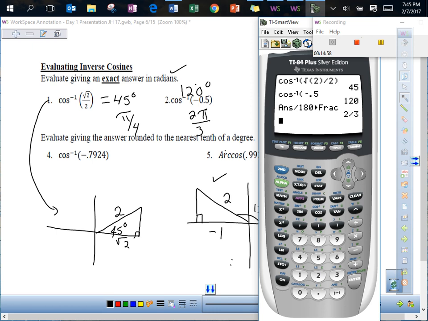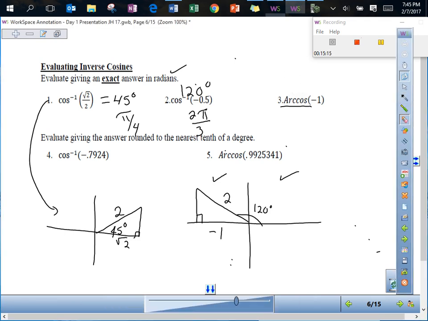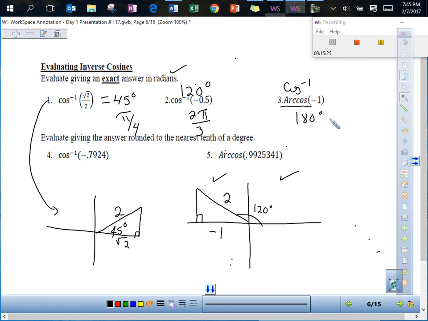You can pause the video if you'd like, but then the other couple here, arc cosine is another name for inverse cosine. Kind of in calculus, you'll see it written as arc cosine, but that's the same thing as inverse cosine. If you type that in your calculator, guys, you're going to get 180 degrees, which is about pi.